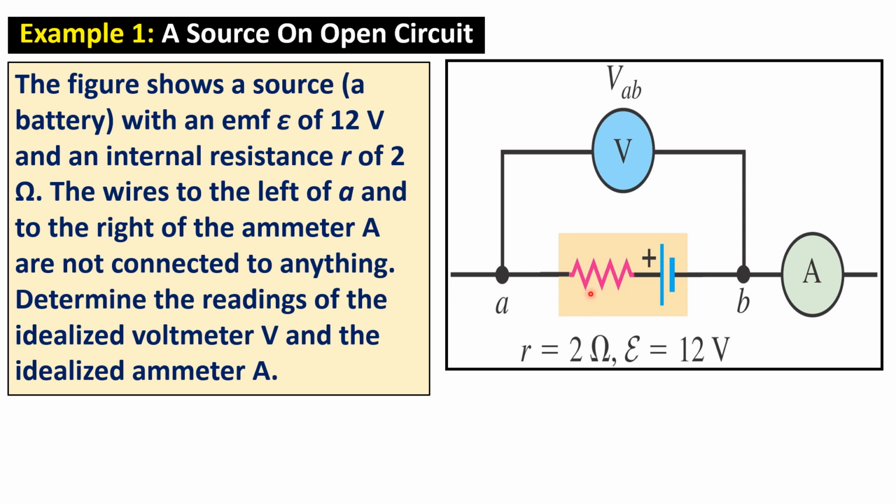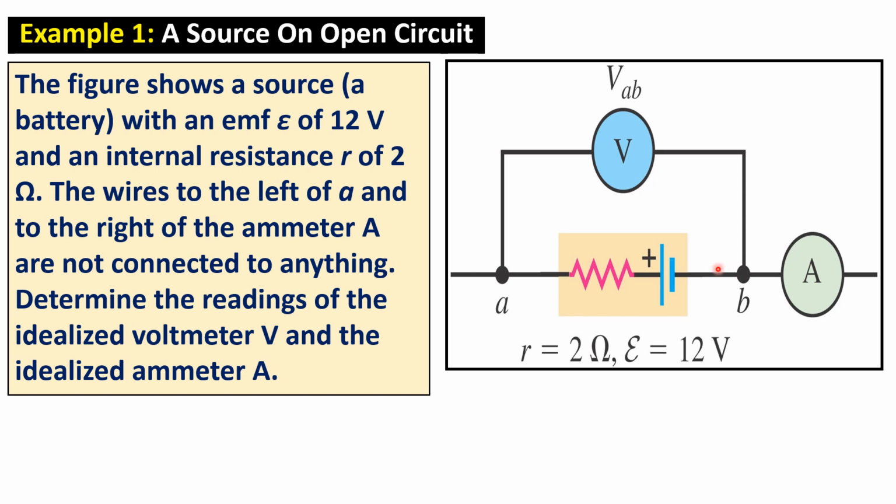You are asked to determine the ammeter reading and the voltmeter reading. Both instruments are commonly used in measuring voltage and current respectively, and they are assumed to be idealized.